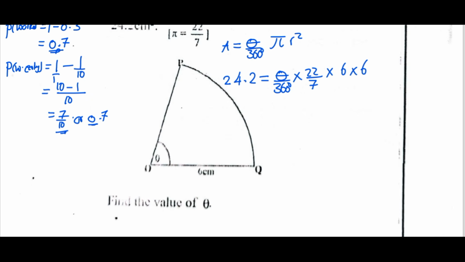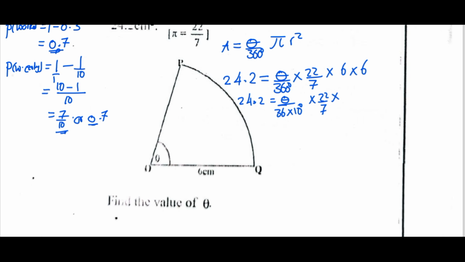Now the question is, how can we simplify numbers like this? So let's see what we can do here. We can first write it like this. There are so many ways, but I like breaking these numbers into 2. So 360 is the same as 36 times 10, multiplied by 22 over 7.